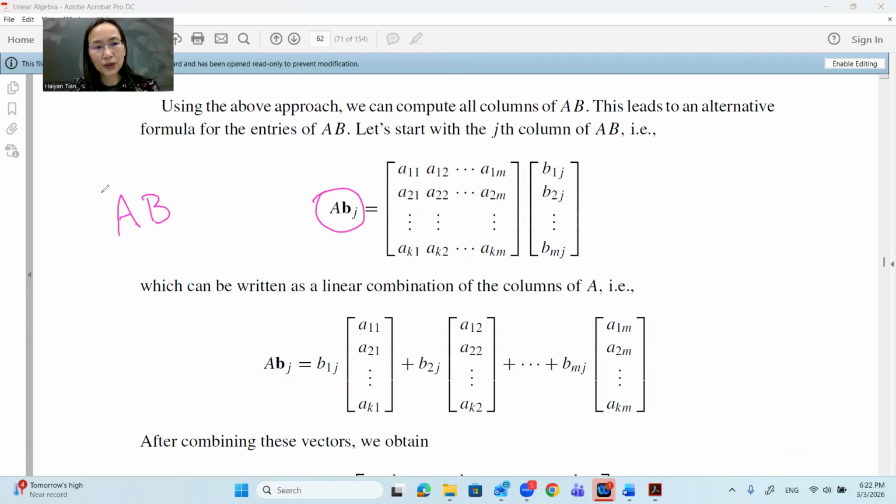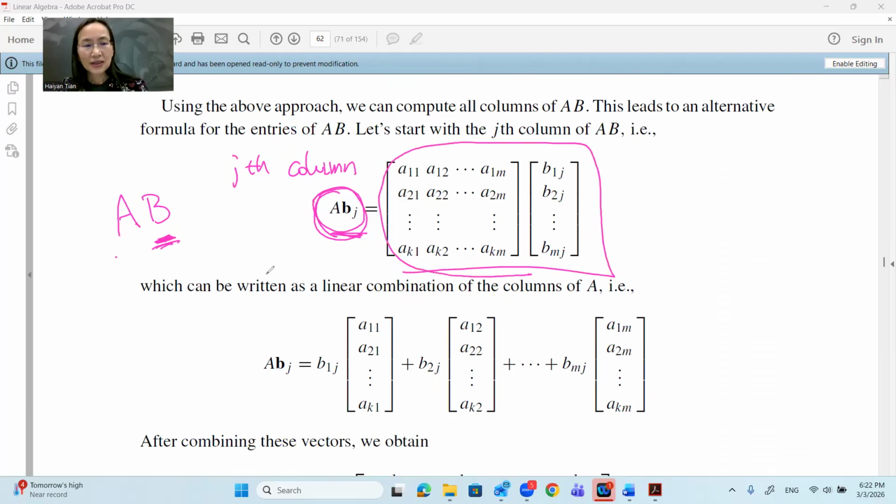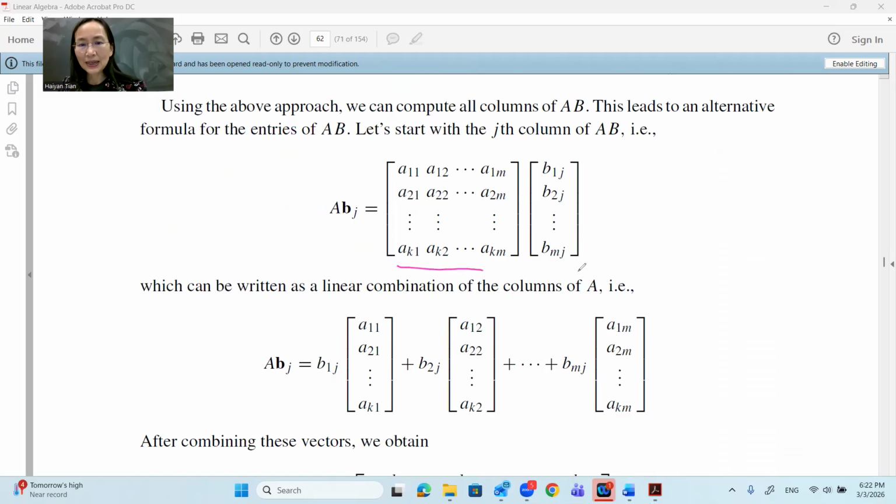By AB, if I want to take only the jth column of this product matrix, then its jth column will be A times the B matrix if I take only the jth column of B. So we know that will be A times the jth column of B. Then this will be the jth column of the AB matrix.